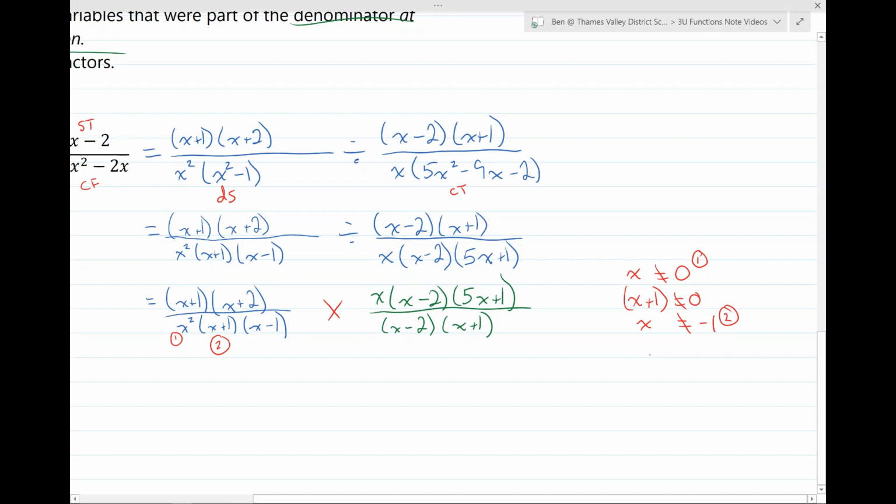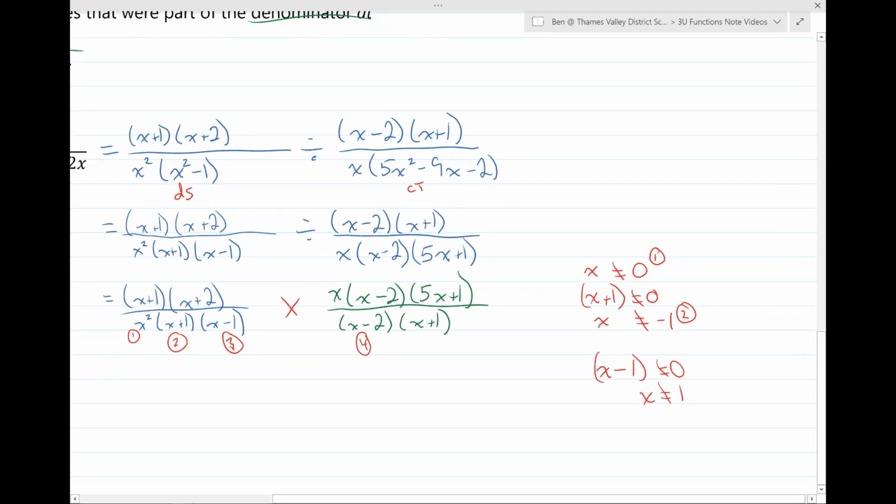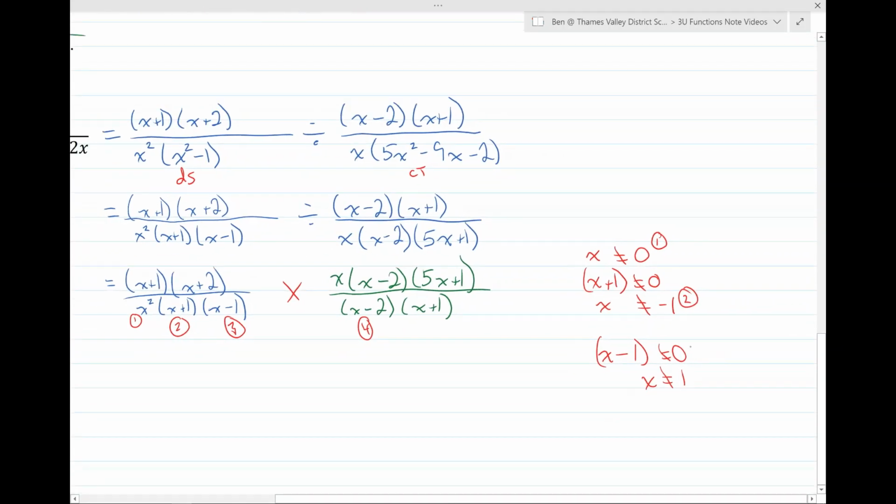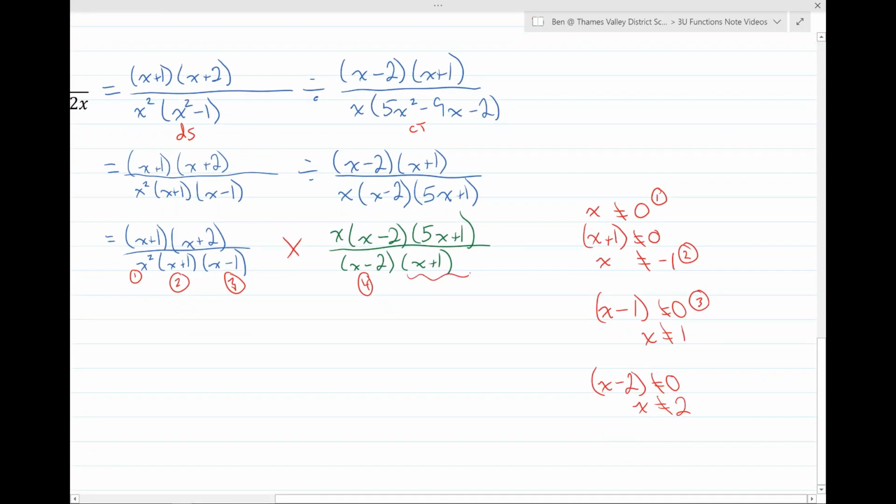There's my second restriction. My third restriction, x minus 1 cannot equal 0, so that tells me that x cannot equal 1. My fourth restriction, x minus 2 cannot equal 0, so x cannot equal positive 2. And lastly, I have an x plus 1 here. I've already checked that one in restriction 2. So I'm finished with my denominators.